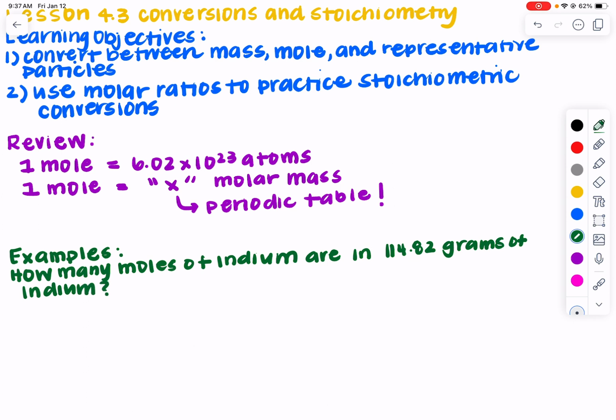We can also ask the question, how many atoms of indium are in that sample?